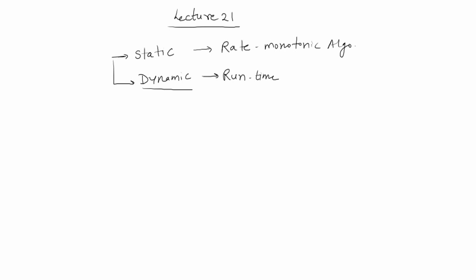In the rate monotonic algorithm, the scheduling was done based on the rate, and rate means how frequently the task is coming. Rate is inversely proportional to the period of the task. So the task whose period is lowest gets the highest priority, because the task is coming frequently.